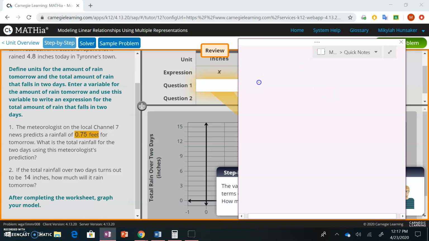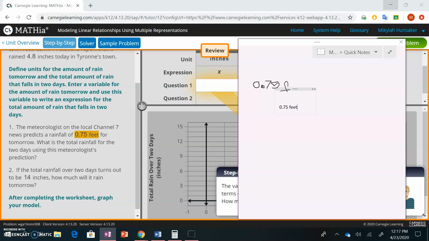We have 0.75 feet. All right, this sucks. Let's try just typing. 0.75 feet. And we know that there are 12 inches in 1 foot.